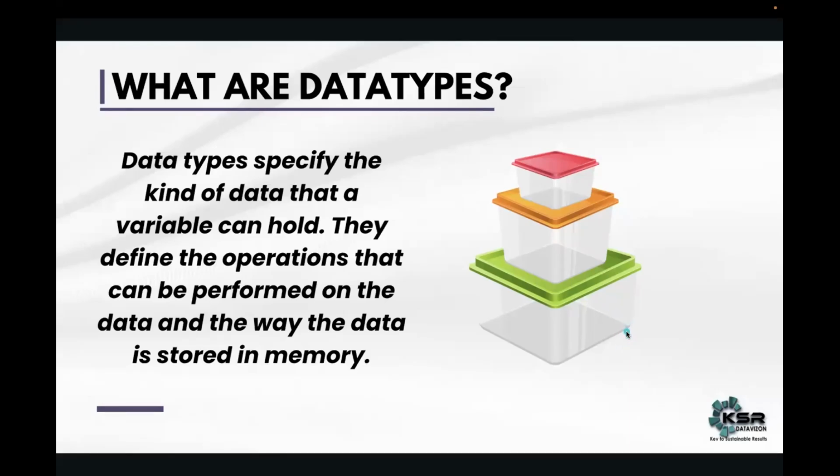So data types: Java has created a few data types that will help you to store specific types of data. Why have they created different data types? Let's say an integer will take some memory, and a decimal might take more memory.